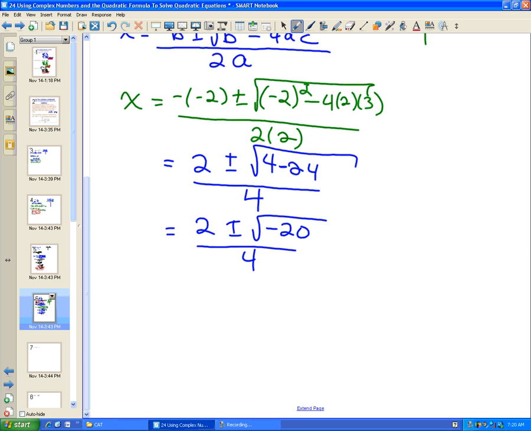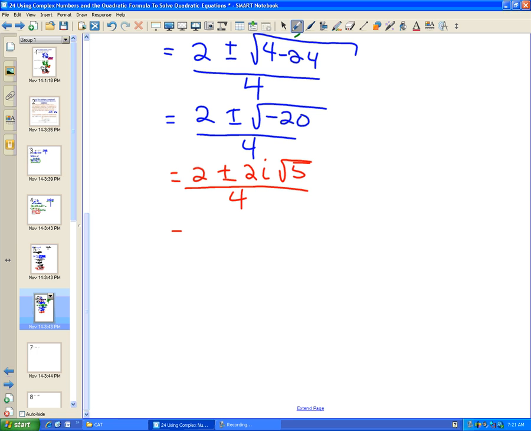Negative 20, I have a negative, so I need to pull out an i. I have a perfect square, which is 4. So this can simplify to 2 plus or minus the square root of 4, which is 2, the square root of negative 1 is i, and I'm left with the square root of 5, over 4. Again, I can simplify this. Last time I broke it up into 2 fractions.